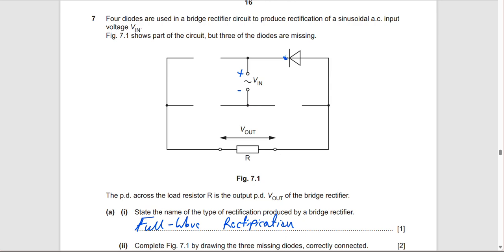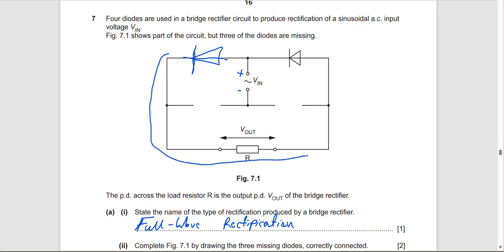It can't go here because it is blocked. So it has to go this direction, and the diode should be pointing like that. And then the current goes that way.